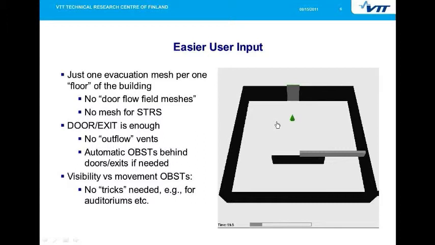And there you can see that you can have obstacles which are blocking movement or blocking visibility. Well, usually in buildings you are not having this kind of thing, but you can block the visibility or the movement. So this is good for auditoriums, which were not so nice to model in the old version.